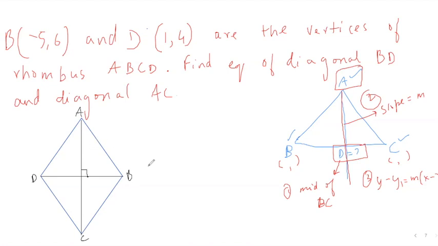So we have B that's (-5, 6), and D that's (1, 4). So how would you find the equation of this diagonal? First, we'll find BD's equation. We are given 2 points, so it's easy to find the equation of BD.